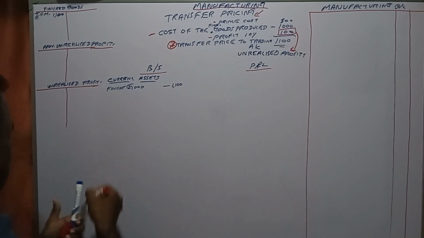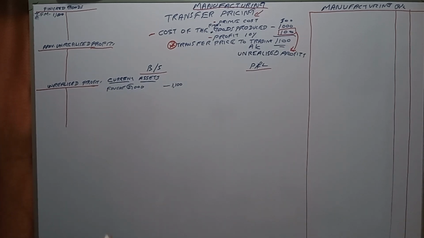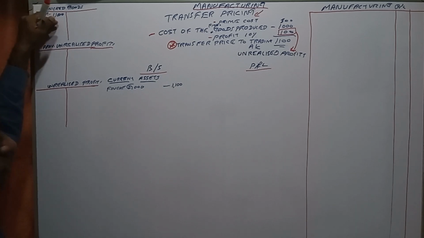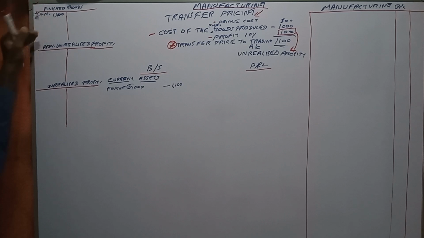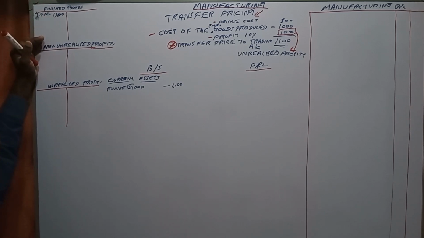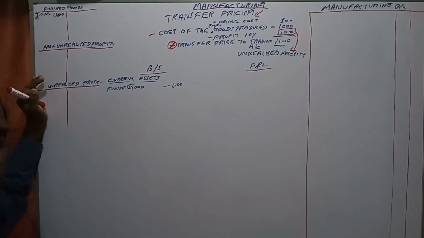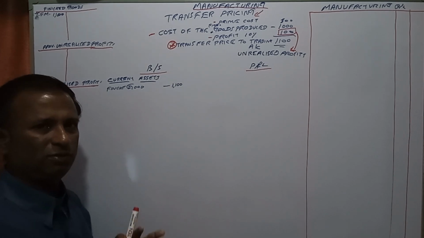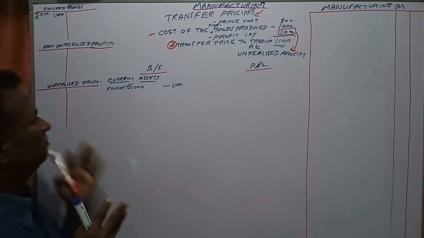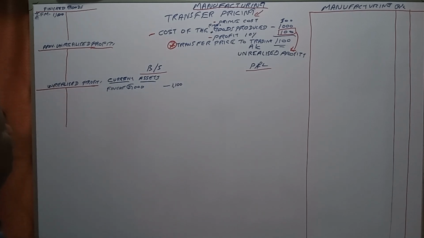One is the finished goods account, that is brought forward balance 1100, and the provision for unrealized profit account and unrealized profit account. Just like the entries we passed for the debtors, we had to pass entries here.